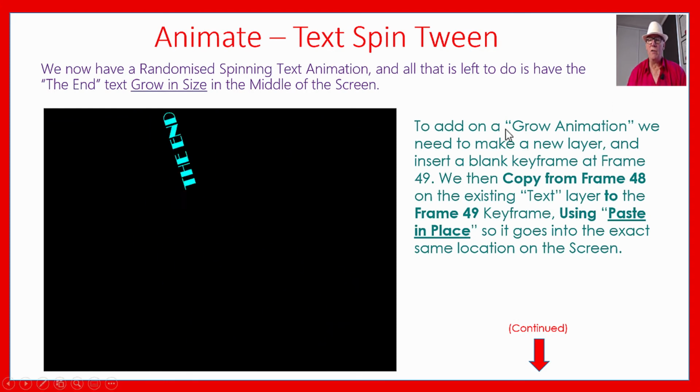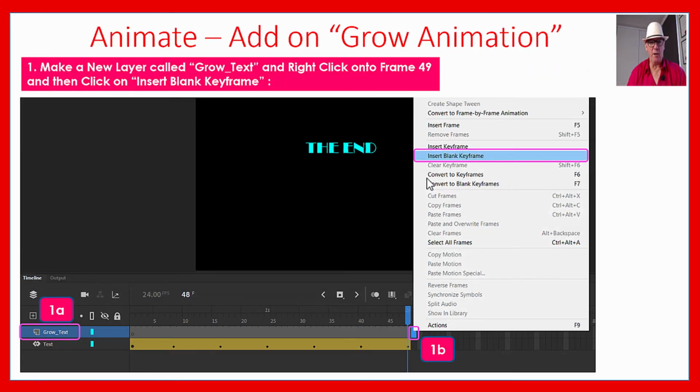All right? So to add the grow in animation, we're going to make a new layer, and we're going to insert a blank keyframe at 49, because we're up to 48 in the animation at the moment. So now we're continuing on at frame 49, but we need to do it on a new layer, all right? So make a new layer called Grow Text, go to 49, right click and insert a blank keyframe, not a keyframe, just insert blank keyframe, all right?